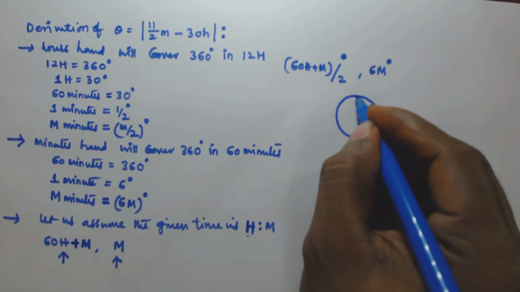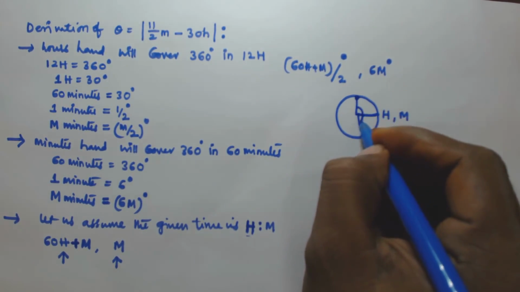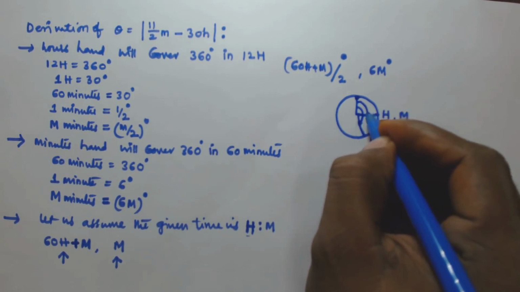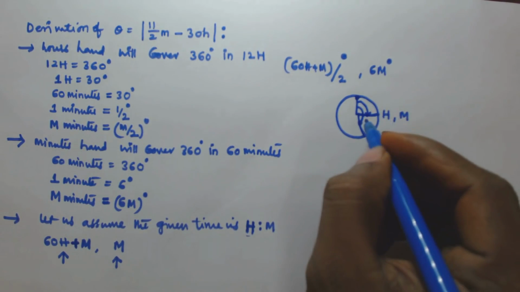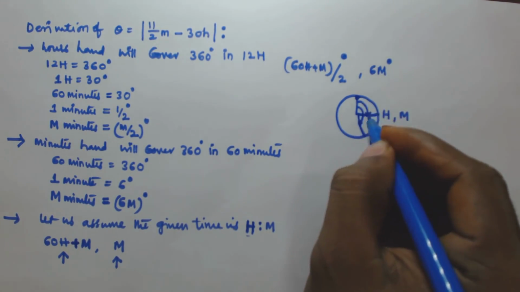So the total angle difference is going to be calculated from here, right? This one is theta 1 and this one is theta 2. The angle difference is actually the subtraction of the first angle minus the second angle.